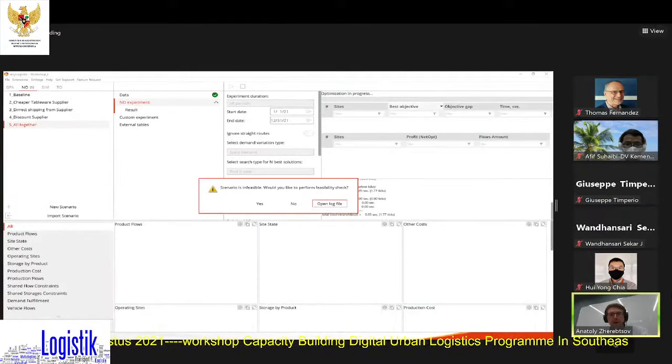You see, the optimizer says that the scenario is infeasible.